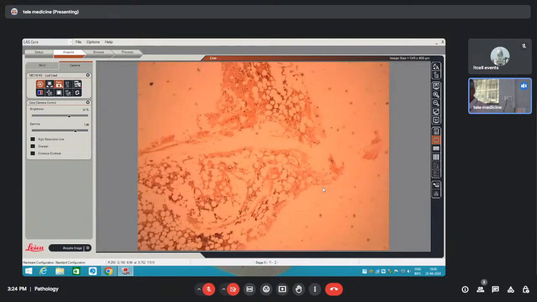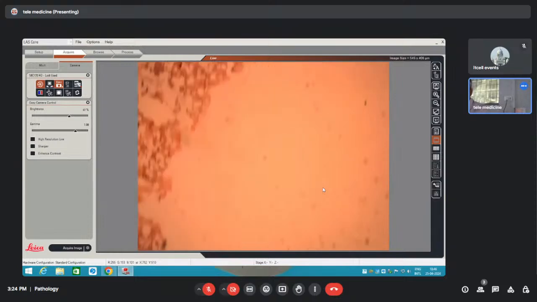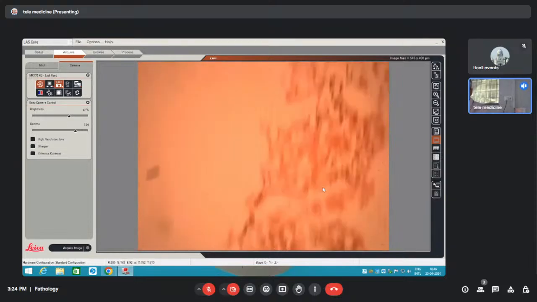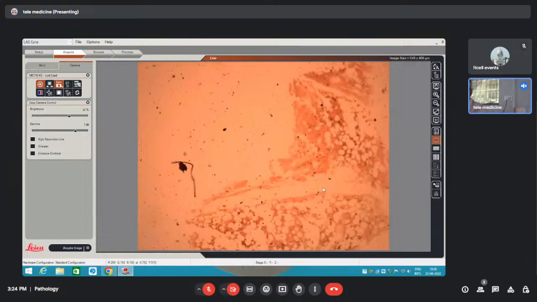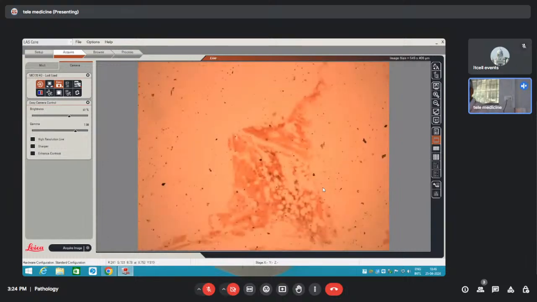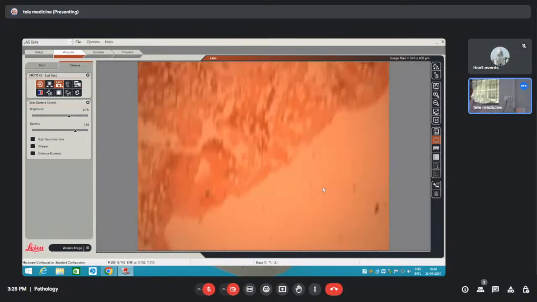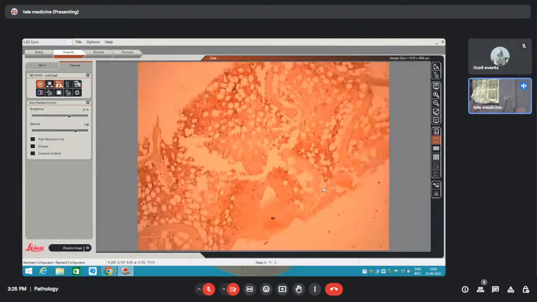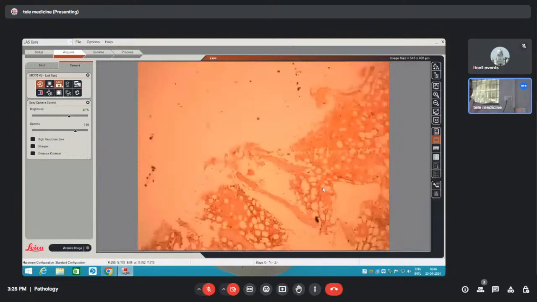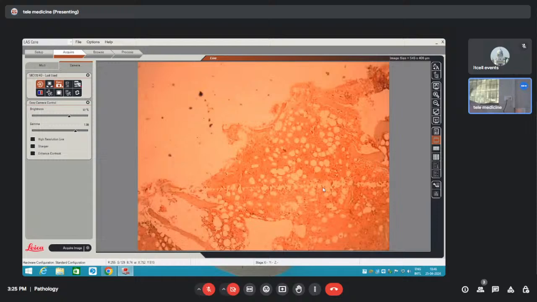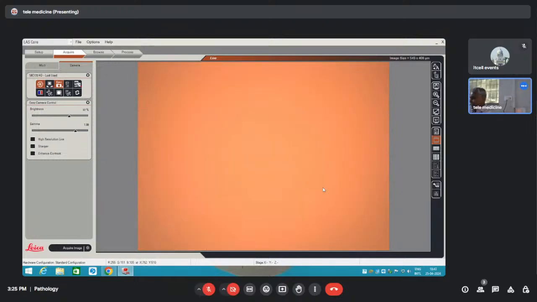Our technician was very good, and our Congo red has actually disappeared. Clear? There's another slide. The Congo red has actually disappeared. Okay? But we were not convinced. What to do?